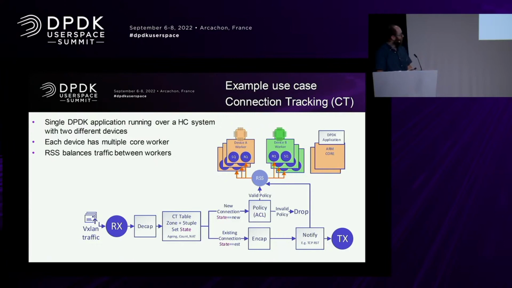Once we were able to do all of this, we were just left with accessing the CT table, and accessing the CT tables means we need to expose some bind functionality. And of course, we know how to access our own hardware. So on the device worker, we were left with just configuring this table. So it wasn't too complex to do with the new API.